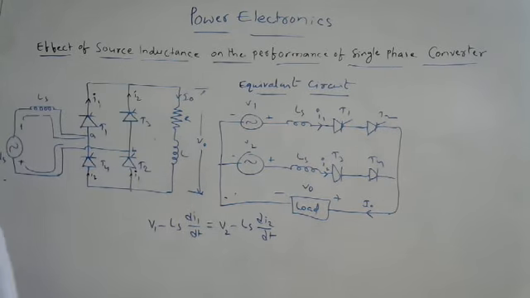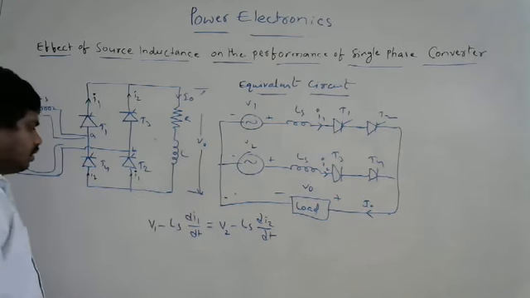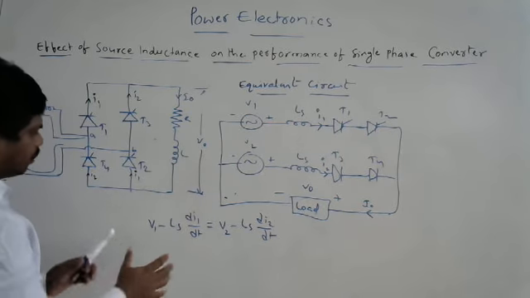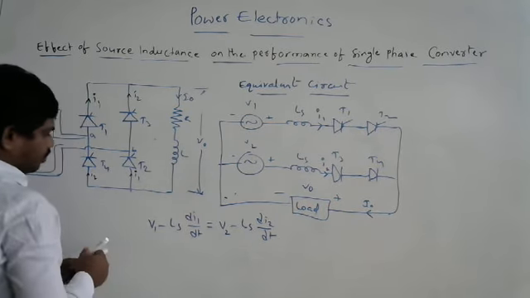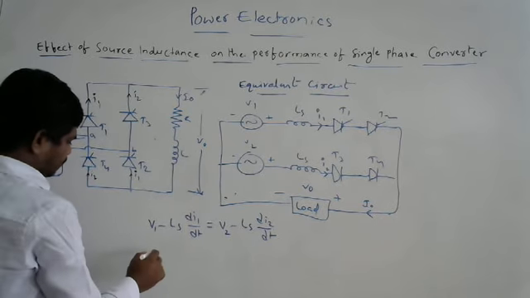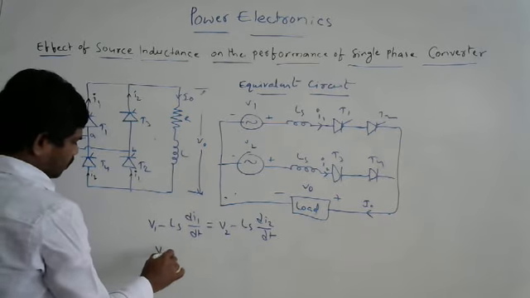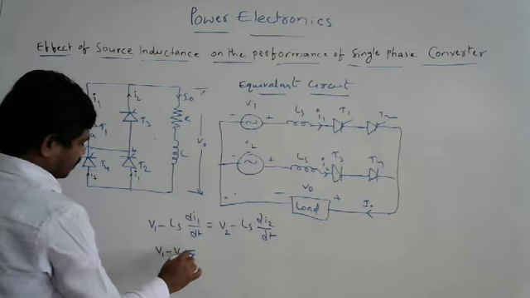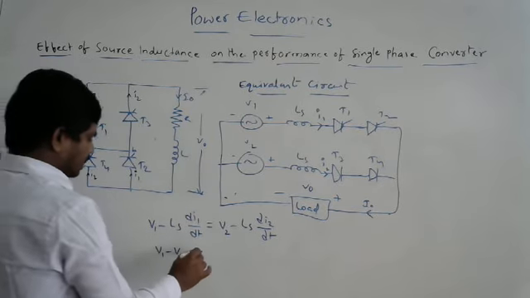This is the basic equation when you apply KVL to this equivalent circuit. After that, we need to simplify it. Look at this, I am just simplifying it: V1 minus V2 is equal to, bringing this to that side.